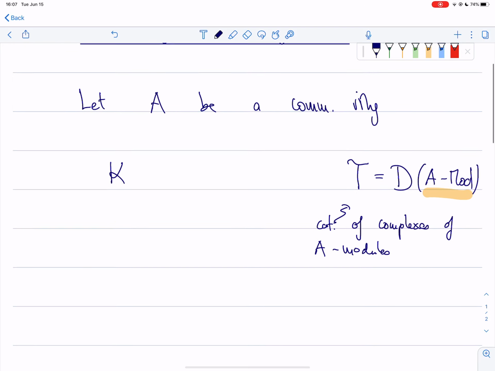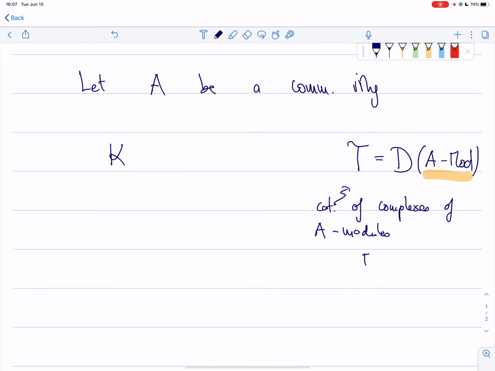I assume all my listeners would know what a complex is. It's just a bunch of maps, such that when you do two of the differentials in a row, you get zero. And morphisms of complexes are the obvious thing, so maps in all degrees which commute with the differentials.